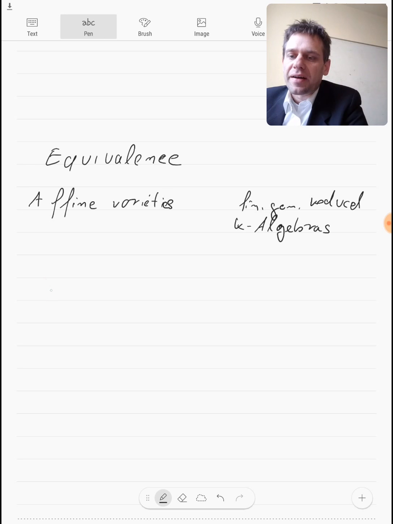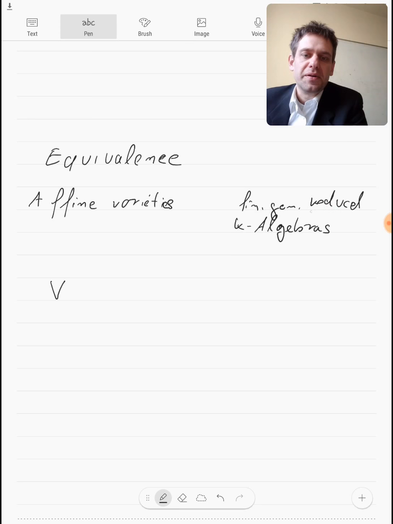So let's say we have an affine variety V. Then we want to link V to a finitely generated reduced k-algebra. Well, what could we do?